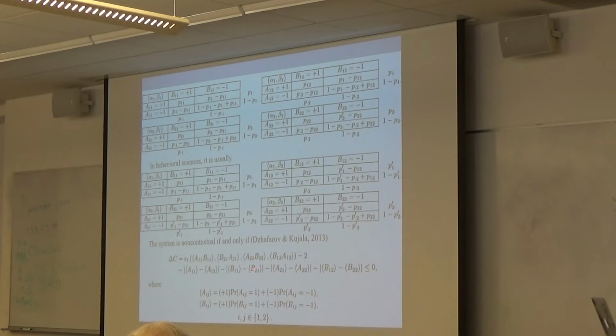If a system is non-contextual, the difference between the distributions of, say, A11 and A12 can be attributed to direct influence from beta to A. And also the difference in the distributions of, say, B11 and B21 can be attributed to direct influence from alpha to B. So this inequality allows us to test contextuality in empirical systems.